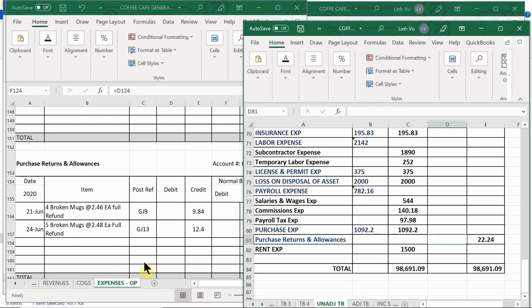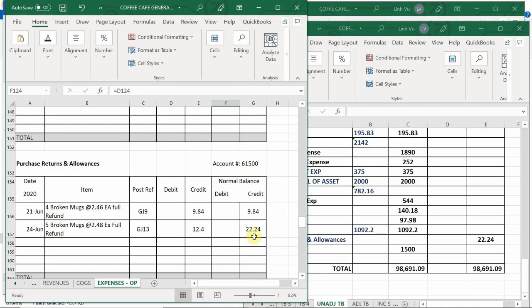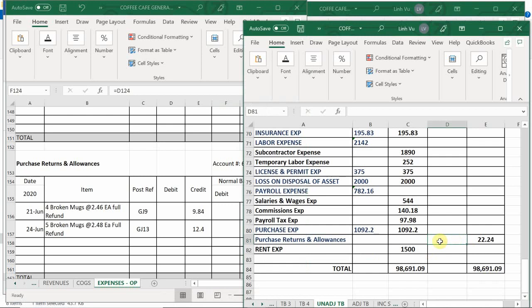So how much is my purchase returns and allowances? $22.25. No worries.